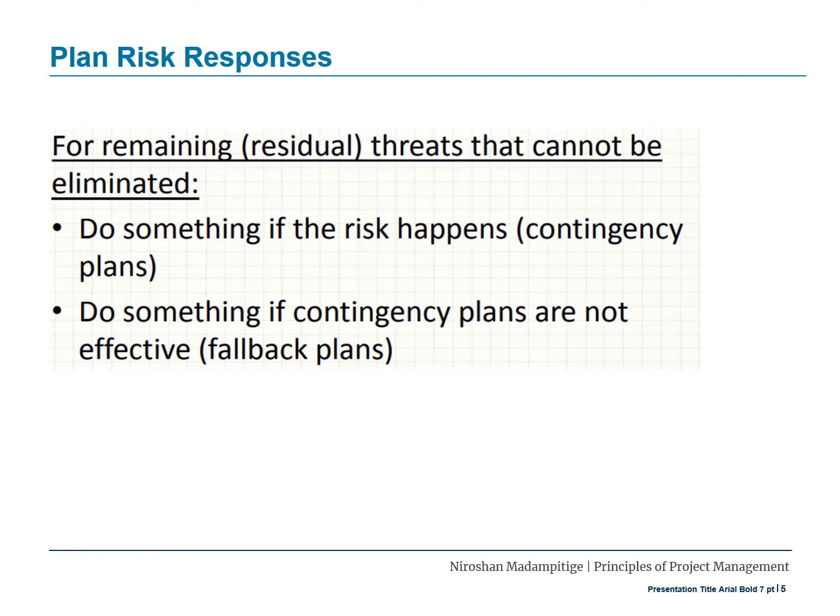Do something if contingency plans are not effective. They're called fallback plans. So you plan for contingency, and if the contingency doesn't work the way you expect, then you go for the fallback plan. In a case of a software release, you may roll back to the previous version. That is a fallback plan.